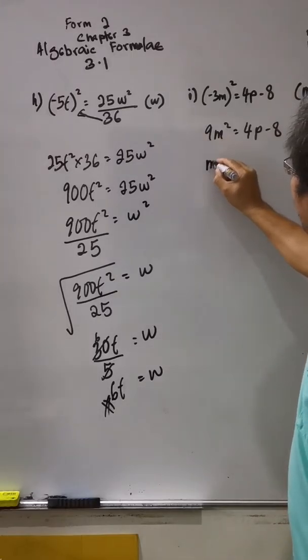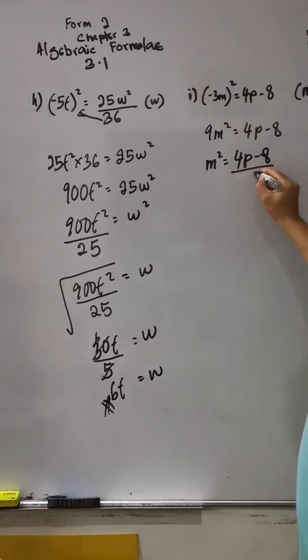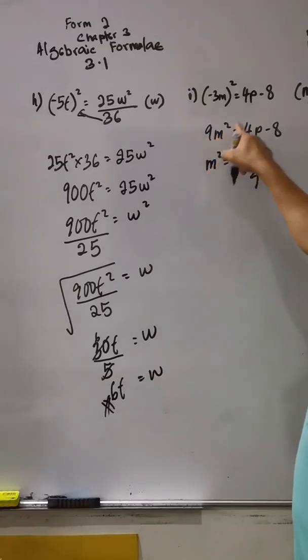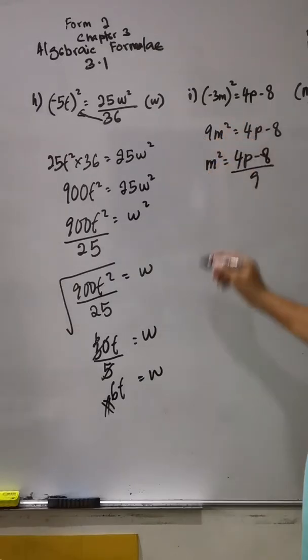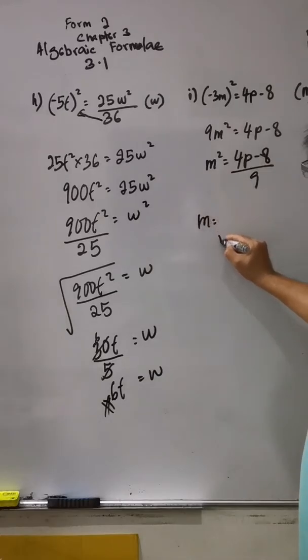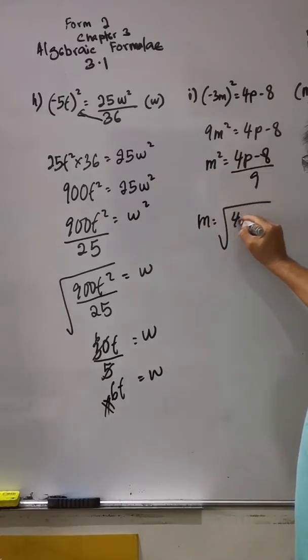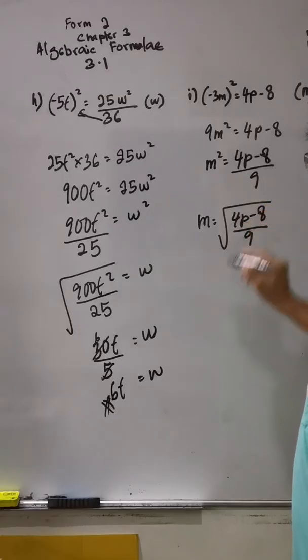So m squared will become 4p minus 8 over 9, because this is 9 times m squared. And then m will be square root of (4p minus 8) over 9.